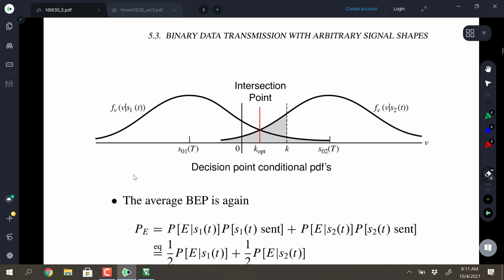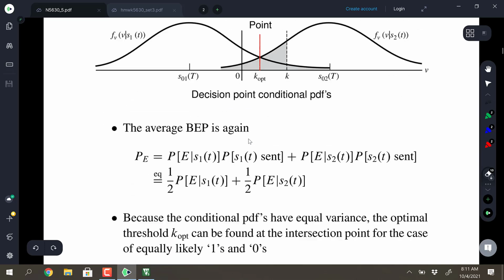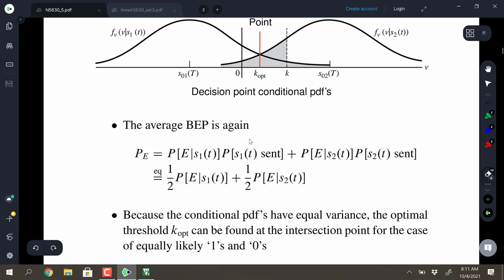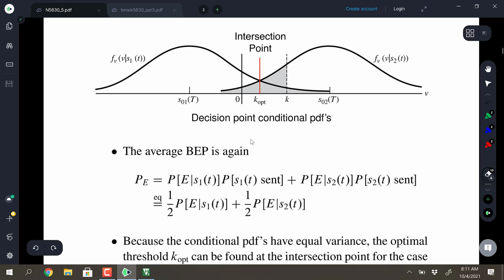It could be flipped over. They could both be on the positive side, both on the negative side, but it's some means of detecting that there are two different types of waveforms being received, and we can put a threshold in between and get some probability of error associated with making the wrong choice.